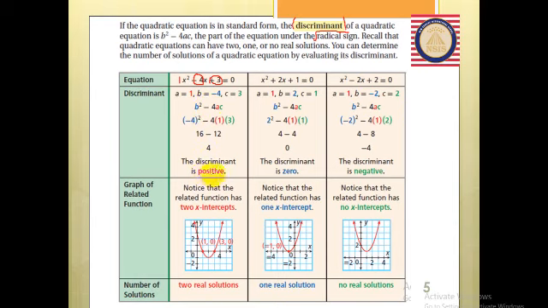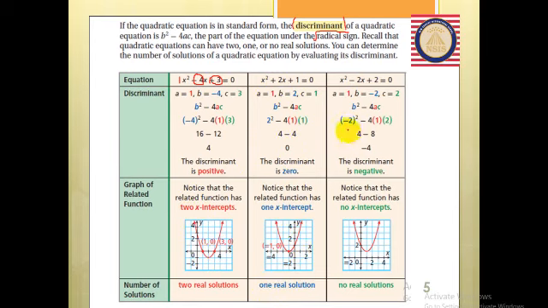If this number is positive, then you have two real solutions, or your parabola intersects the x-axis in 2 points. But what if my discriminant equals 0? Then you have only one solution, and the parabola intersects the x-axis in 1 point.